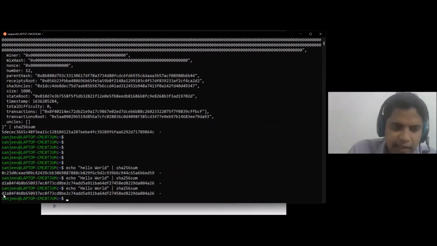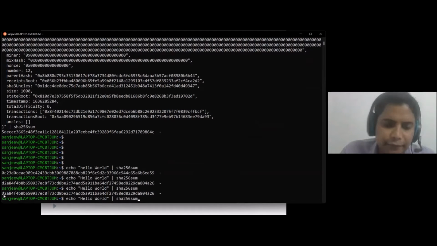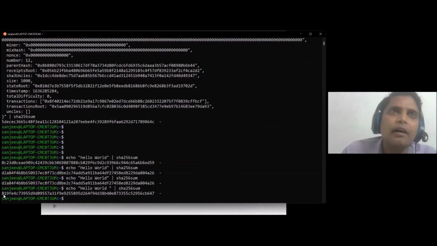If I execute again, it will return the same value. And if I put a space, it is entirely different. So the computation is the same, but the resulting data for different kinds of strings will be different and it will be unique. So that is the mechanism of hashing.